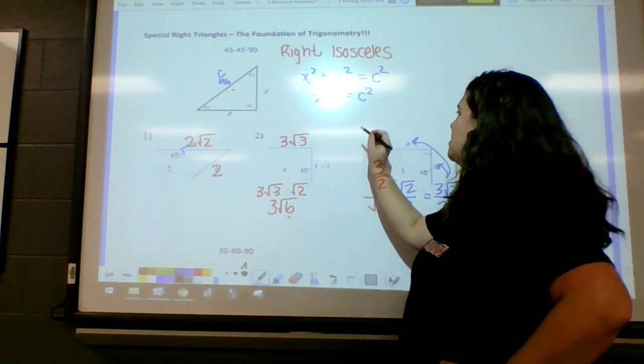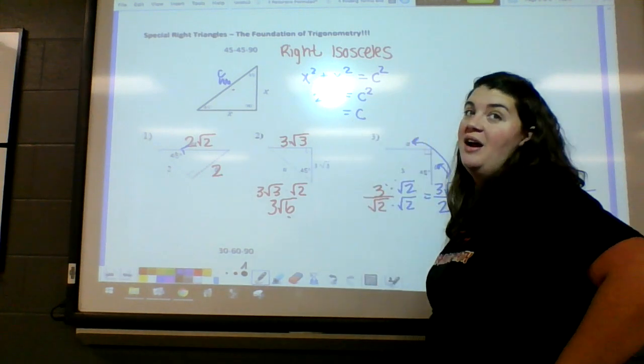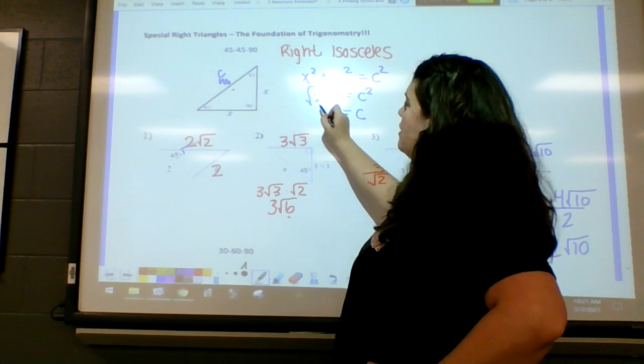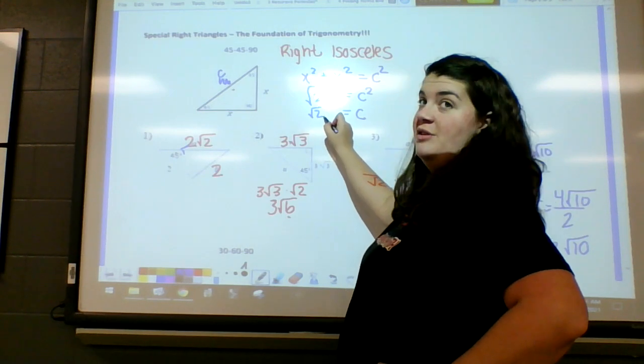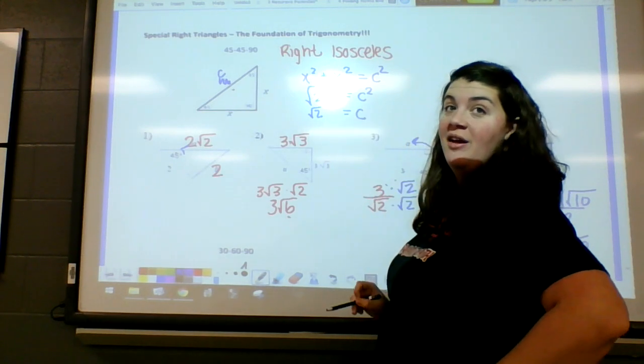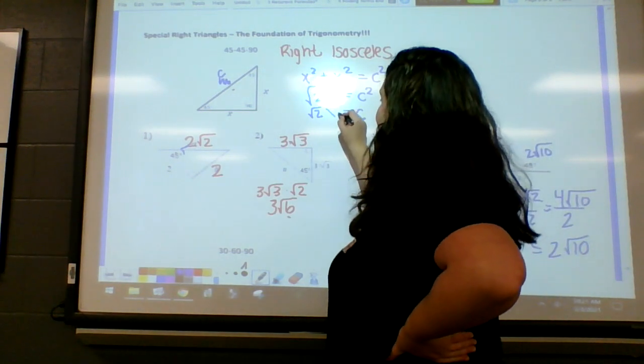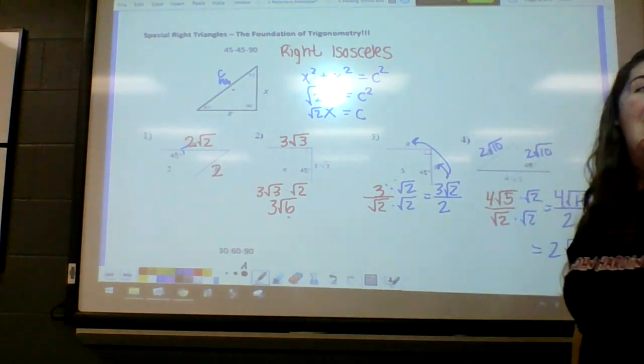And so how do I just get the hypotenuse? You take the square root. So when you square root this side, the square root of 2 is just the square root of 2. The square root of x squared, because the square root and the square are opposites of each other, what's going to happen? And you're going to have just an x.